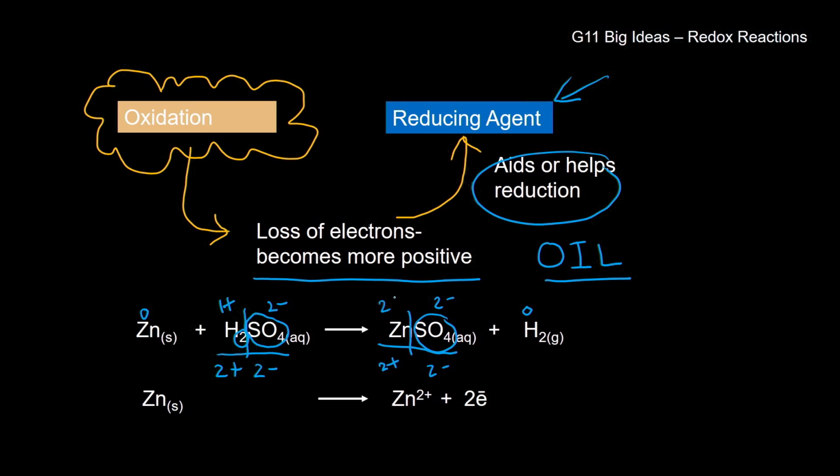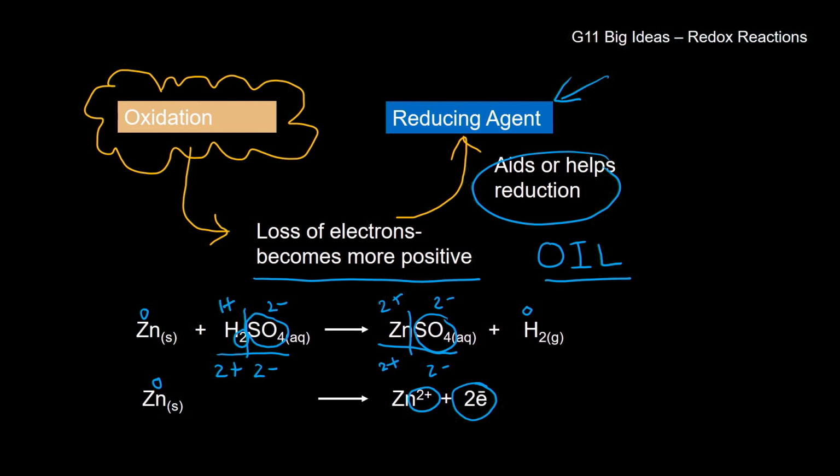So zinc is 2+. What has happened here? Zinc's oxidation number has become more positive, so it goes from 0 to 2+. How many electrons has it given away to become 2+? It has to have given away 2 electrons. So I write it here like that, 2 electrons.